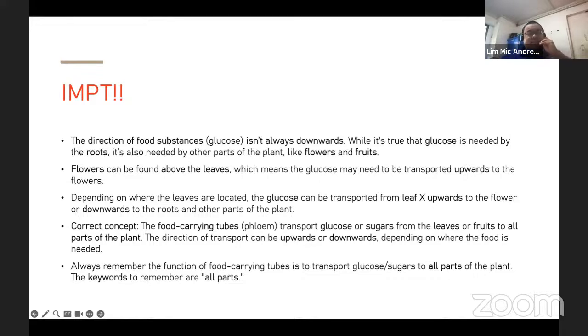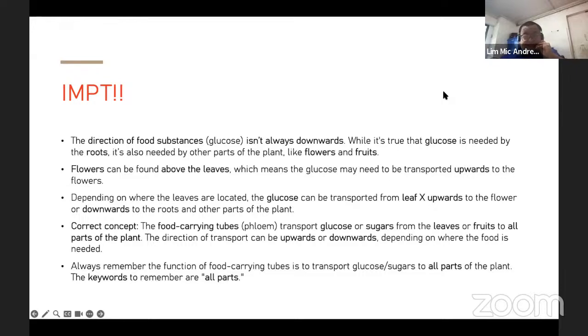So the correct concept, or the correct explanation, to answer the question of what is the direction of the food carrying tube is: the food carrying tube transports sugar or glucose from the leaves to all parts of the plant. The direction can be upwards or downwards depending on where the food is needed by the plant. It's just like humans.